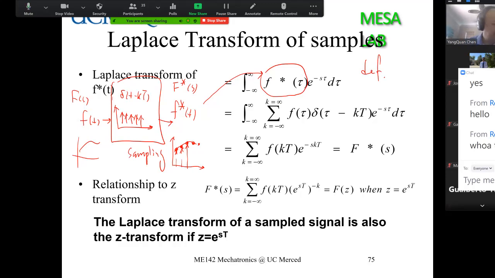But remember, this f star is actually, according to this picture, the original function convolved with these shifted deltas, from minus infinity to infinity. So this is a convolution.